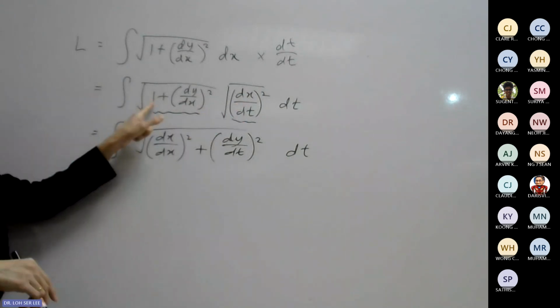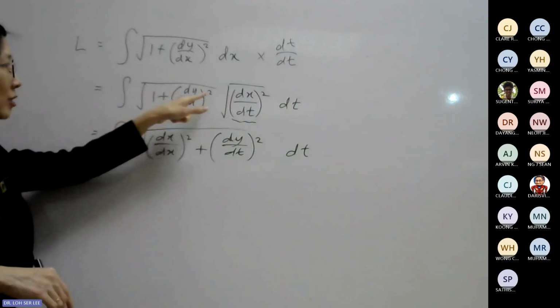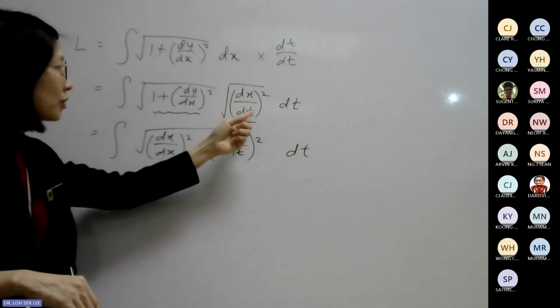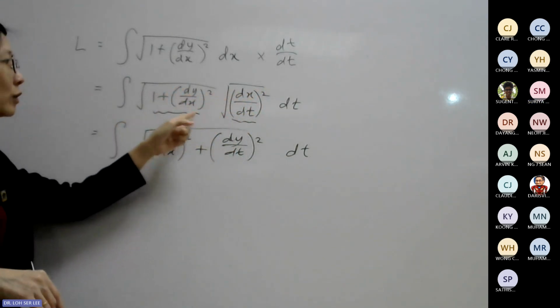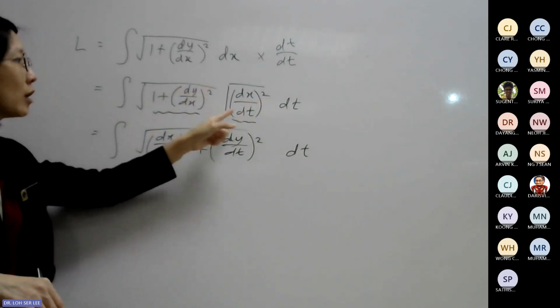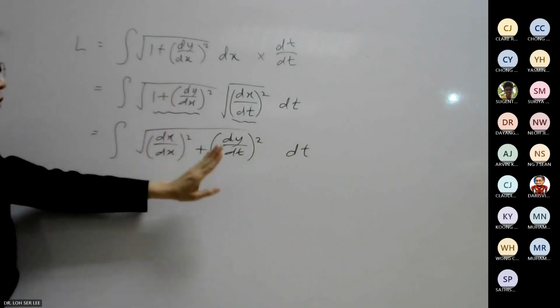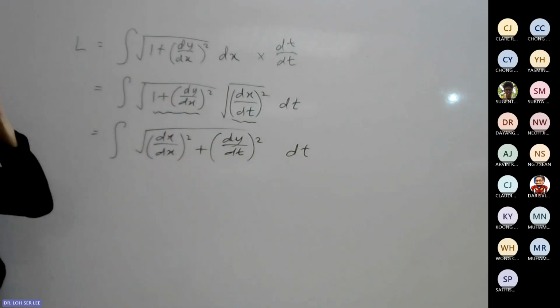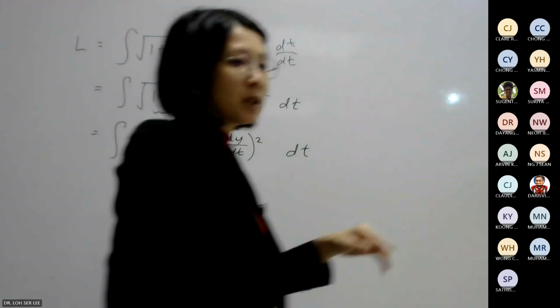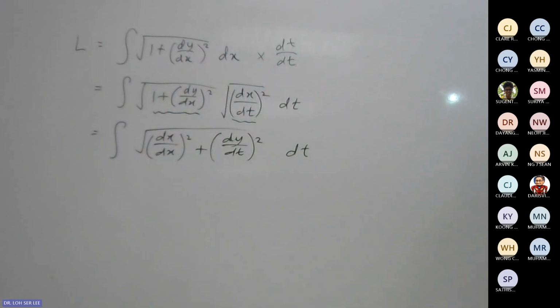This one multiplied to 1, you get this. This one multiplied to this, you can cancel out the dx squared. So this one will be combined with this dy over dt squared, this one also dt squared. Okay, dy squared over dt squared, then we get this. So this is the formula we can use, but this is for two-dimensional.